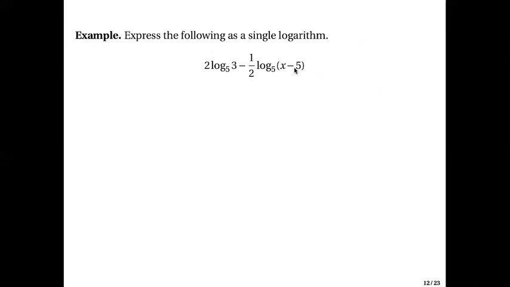So what I'm saying is, this expression can first be written as log base 5 of 3 to the power 2, and then minus log base 5 of x minus 5 to the power 1/2.